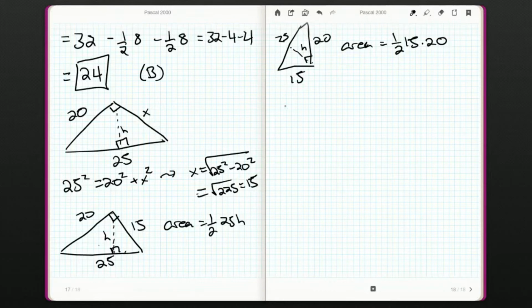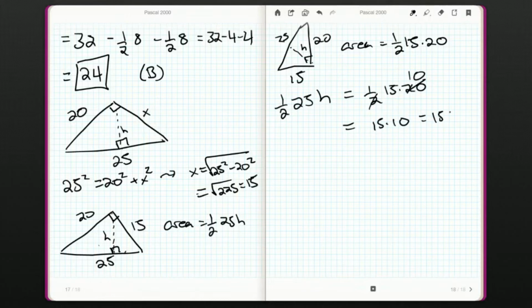So now we know that 1/2 of 25h is the same as 1/2 of 15 times 20. Well, on this side the 2 and the 20 cancel each other out to leave 10. So 15 times 10, that's 150. And 25 over 2 h.